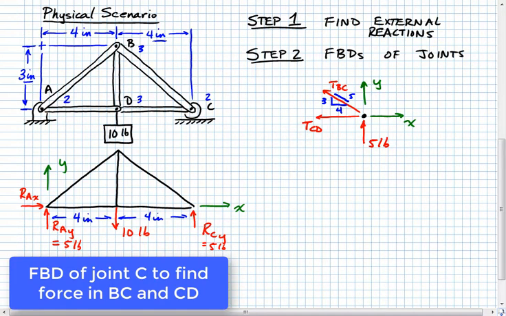Once we do our free body diagram like this, we're ready to write equilibrium equations. So we'll go ahead and start that. We'll sum forces in the x direction first, taking rightward to be positive. And we'll see here we've got TCD that acts in the negative direction, so we'll have there negative TCD. And then TBC, its x component, also acts in the negative direction, so we'll say minus TBC.